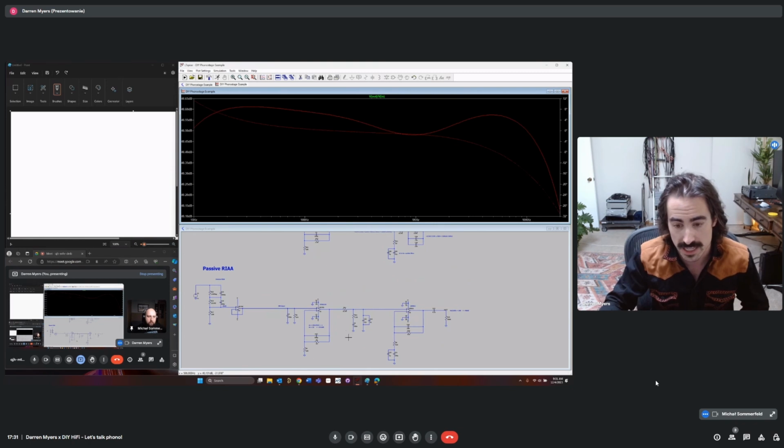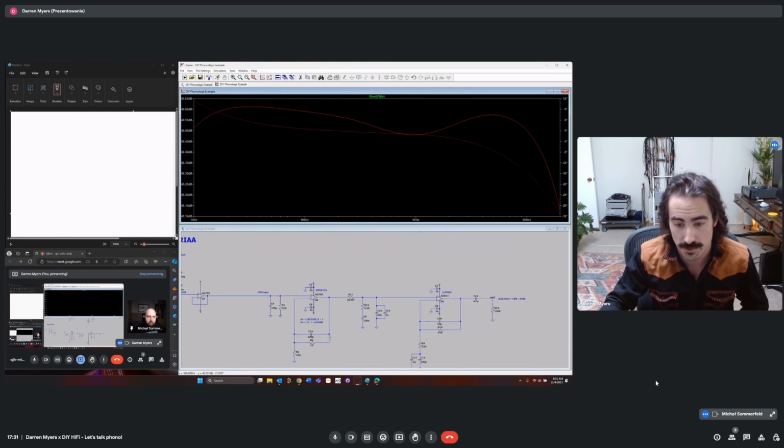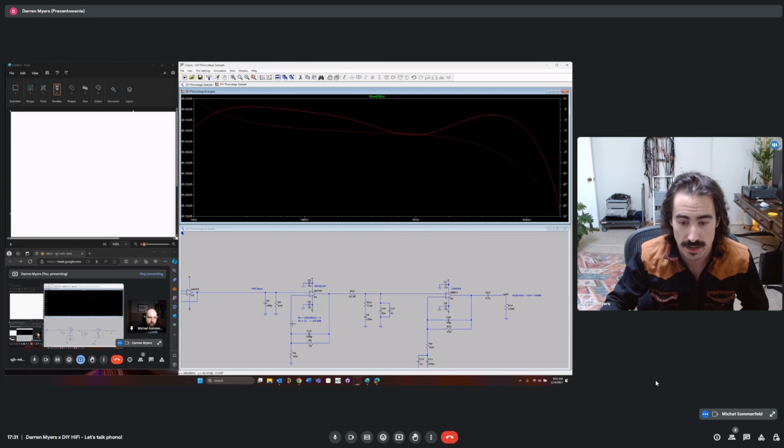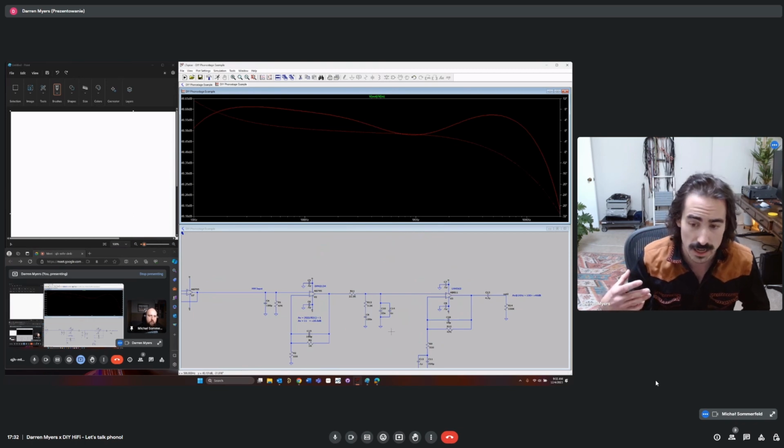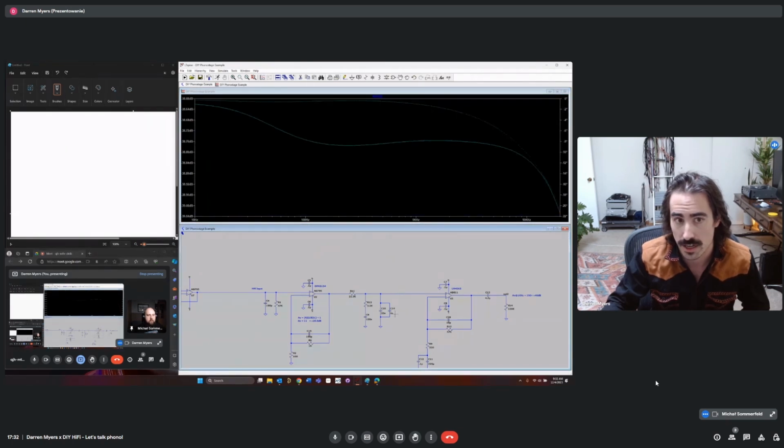We've pretty much taken this stage and adjusted it for a little lower amount of gain, so I decreased R6 here. And now this right here is our entire EQ section that has all three time constants in it. If we look after this, it's relatively flat right after this passive network.